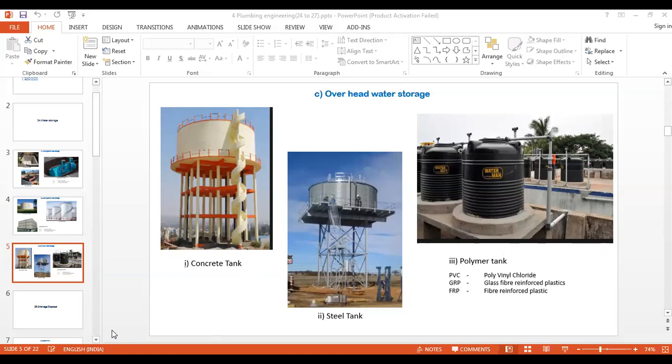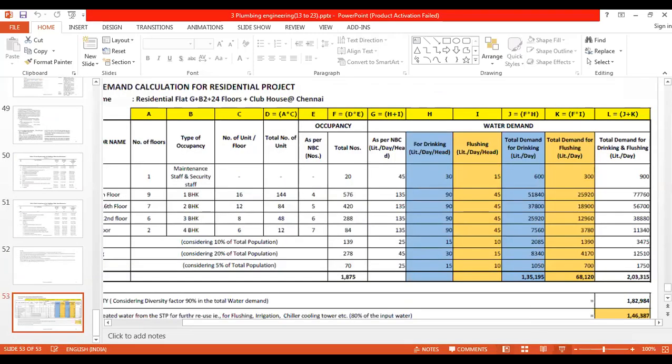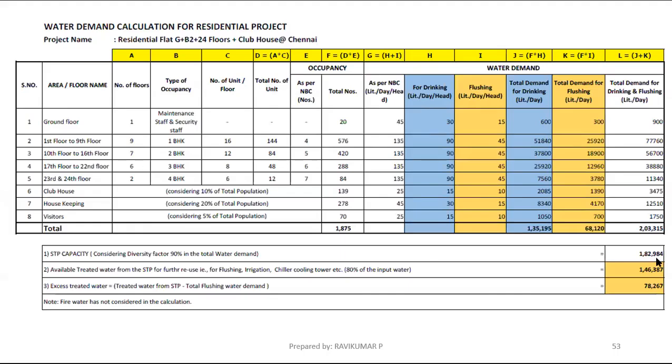So here I have arrived at the total requirement: 135 plus 68, 68,000 liters we will get from the STP only. For domestic purposes, 135 cubic meters per day we have to store.